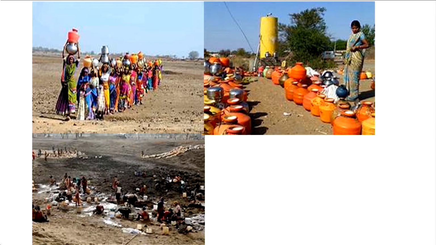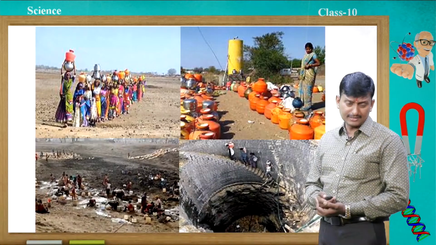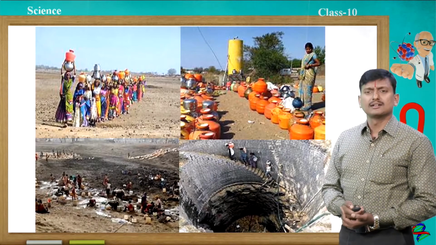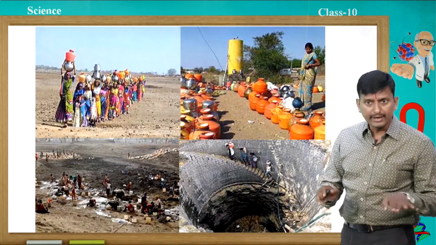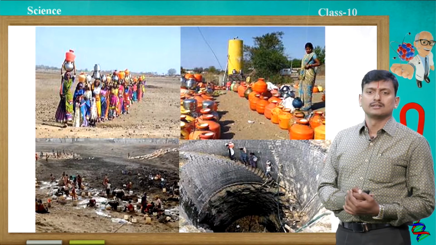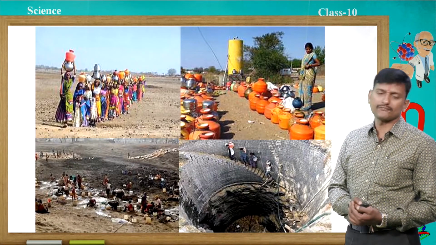Here there is dry land with a limited amount of water, surrounded by many people. It shows that water is not available to all people in an equal manner. I think you may also come across these problems in your daily life.